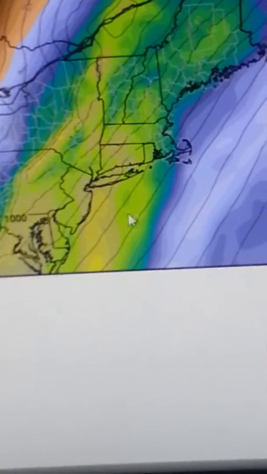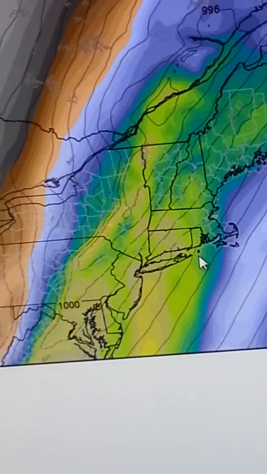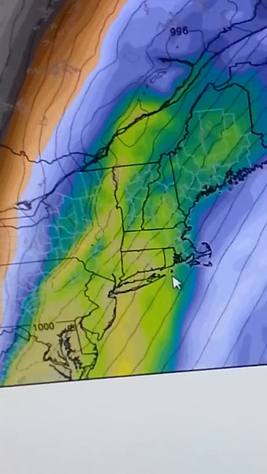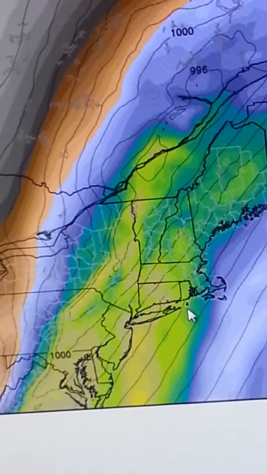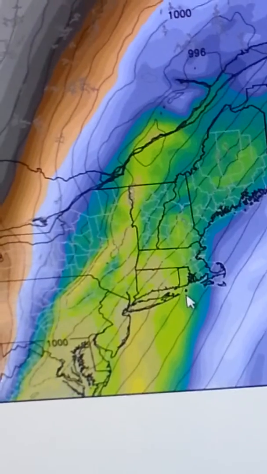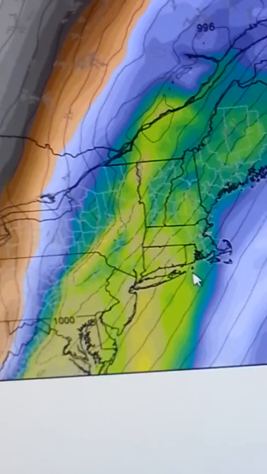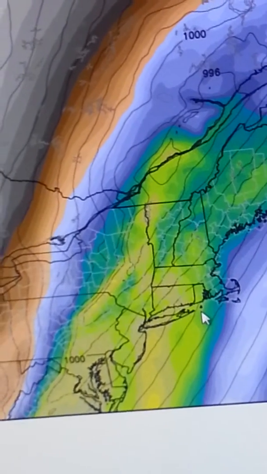So what these values tell me is that the atmosphere is going to be very moist, and there is going to be a very good chance of heavy rain, whether it be just rain itself or with thunderstorms. There will be a flood threat. Now, not a big flood threat. I think your main threat here will be from minor urban and poor drainage flooding, and a couple of sharp rises on rivers perhaps.